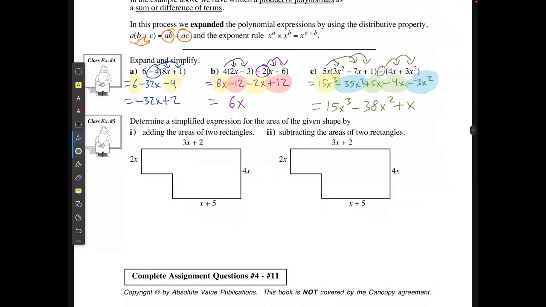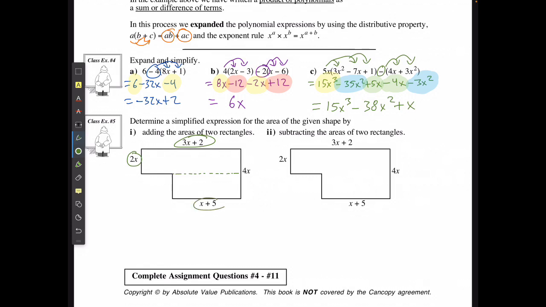If I'm asked to determine a simplified expression for the area of a given shape, I'm going to consider this by, in this case, adding two rectangles together. So I'm going to draw a line that splits us up into two separate rectangles. I know one of them has the dimensions of 2x and 3x plus 2.